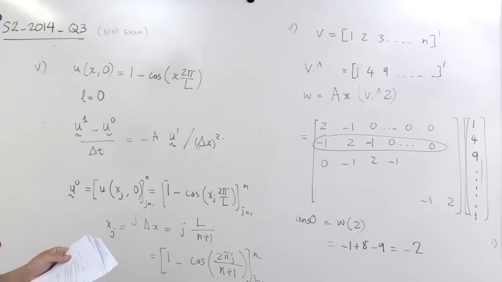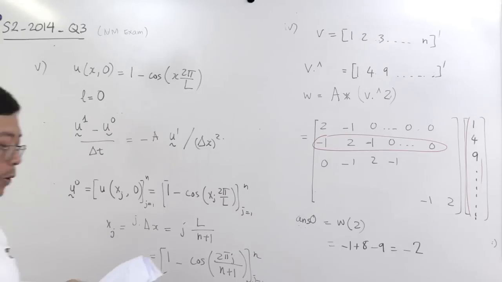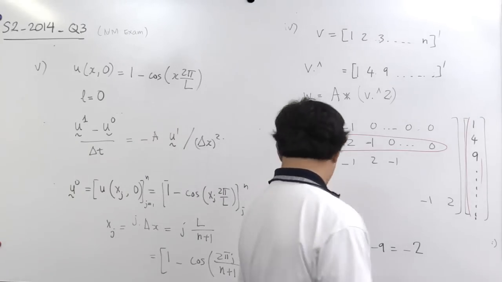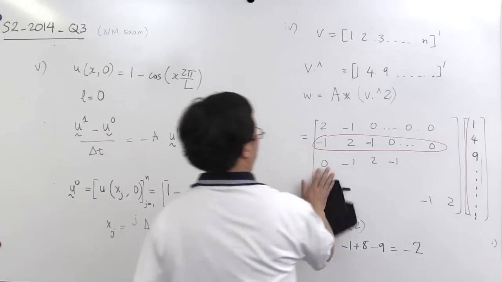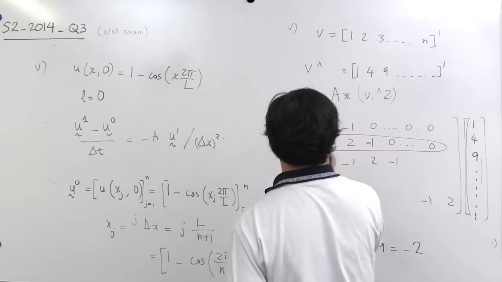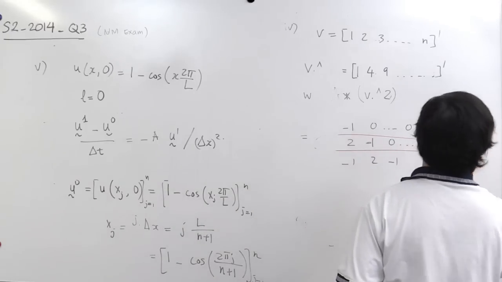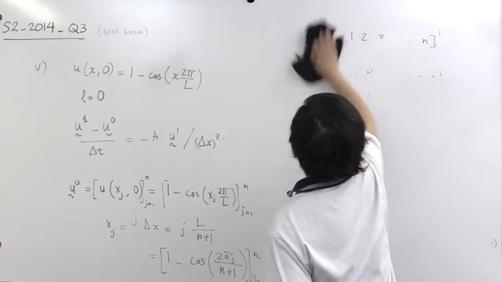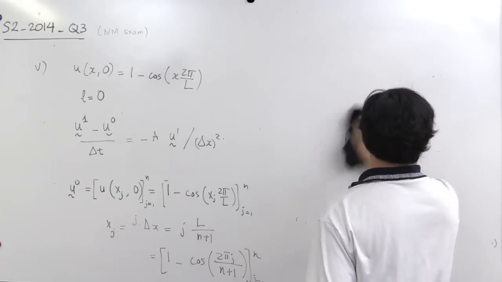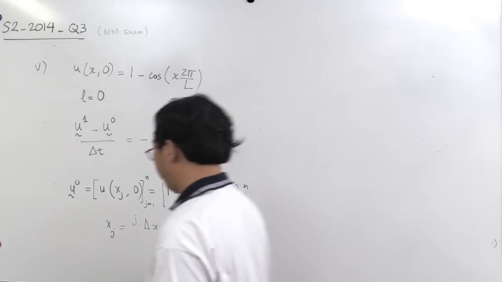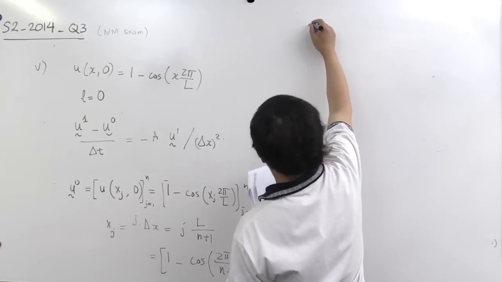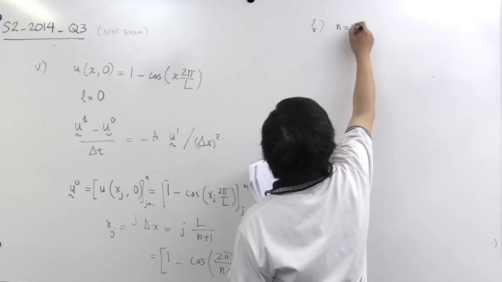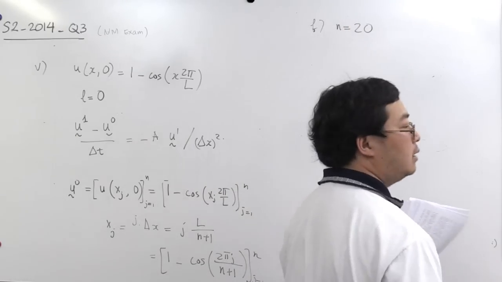So now the next question is, for n equal 20, what is the sparsity of the matrix A? How do we compute the sparsity of the matrix?